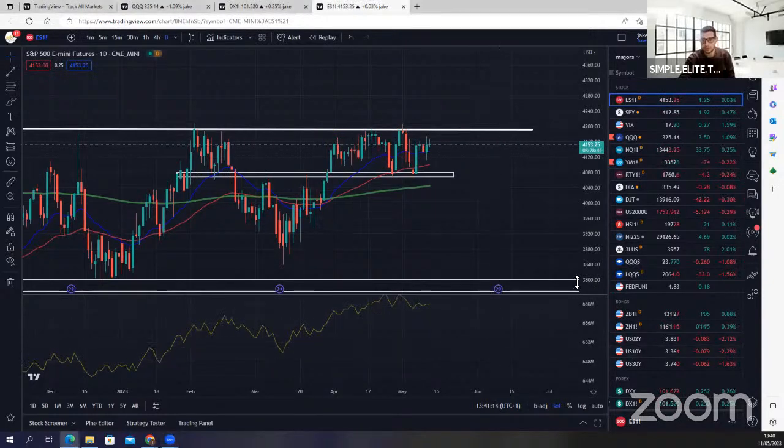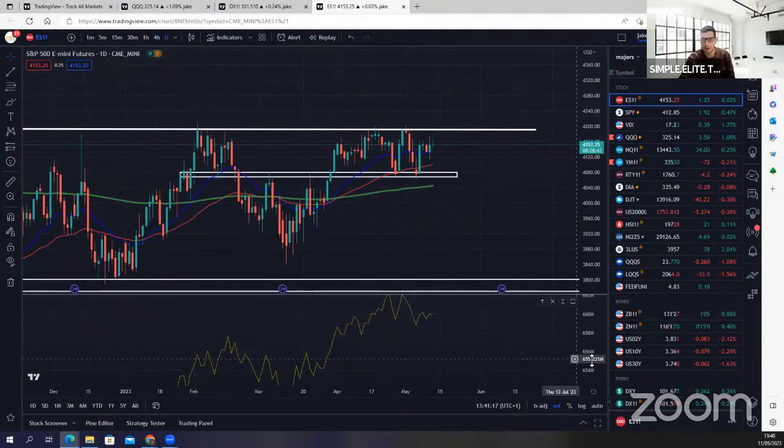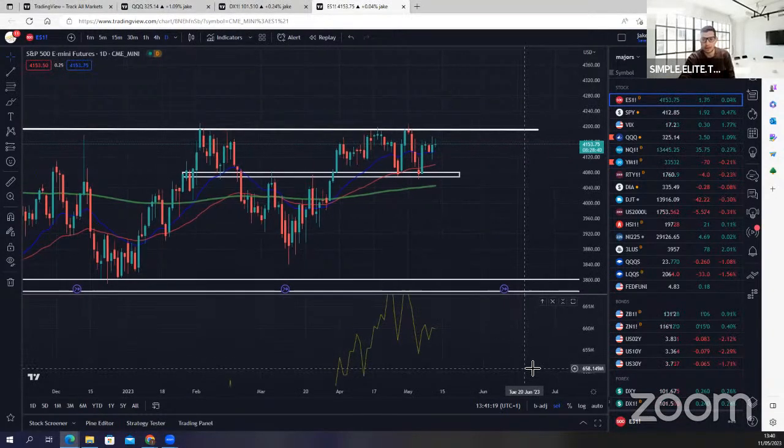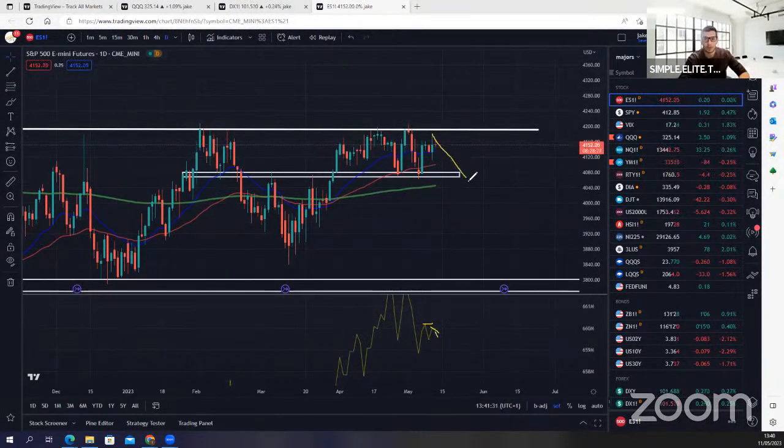If I zoom in, the Eddy line is not breaking the previous higher point. So if this is leading the price action, we could probably see some weakness on indices.